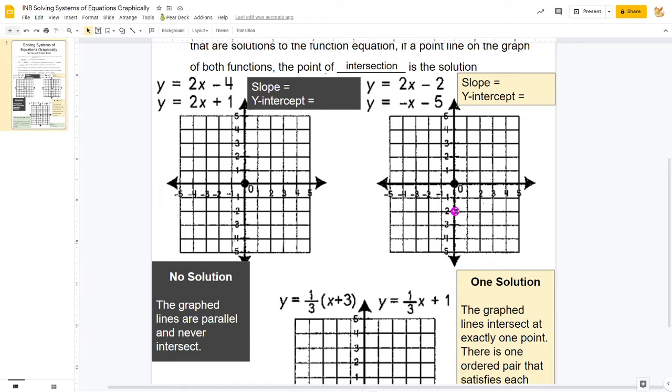That means I go 2 up, 1 over. So I'm gonna copy, paste, paste. There's my next point, 2 up, 1 over. There's my next spot. Okay, and you usually only need 3 points. Now I'm going to draw my line.